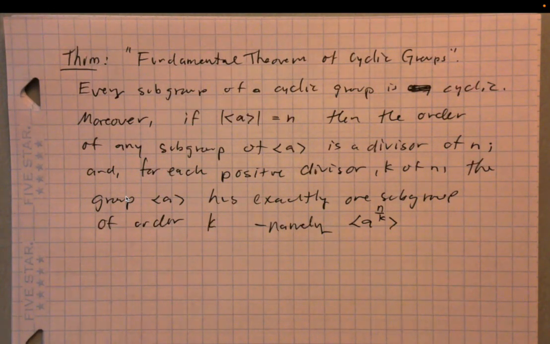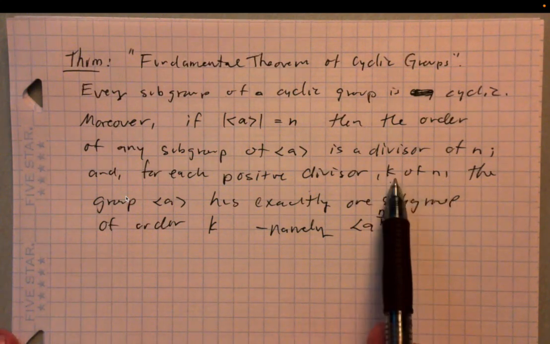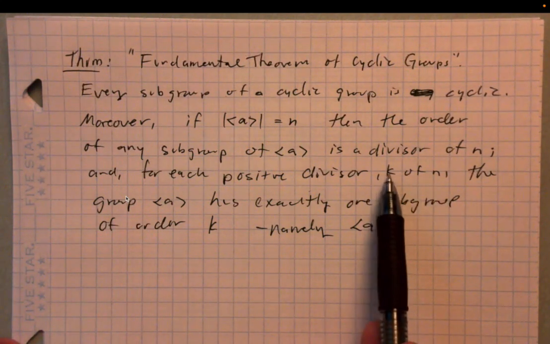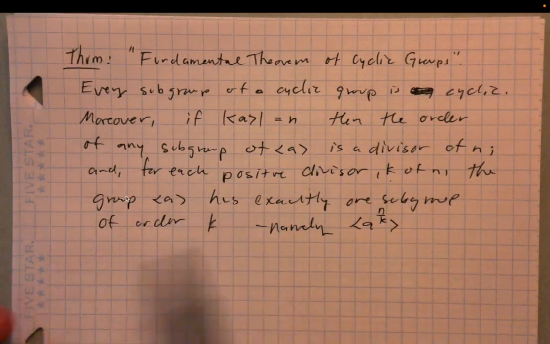Okay, and it says for each positive divisor k of n, for every positive integer that divides n, the group A has exactly one subgroup of order k. Right, and it is of course going to be the group generated by the element A raised to the result of the division, n over k.